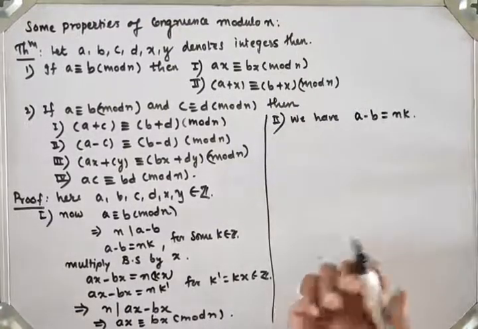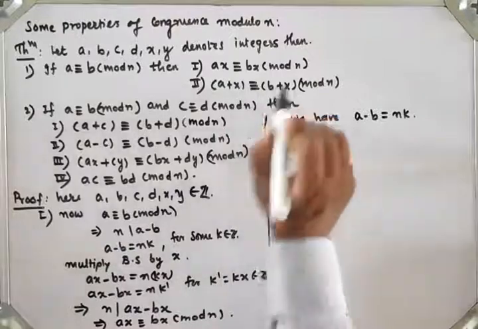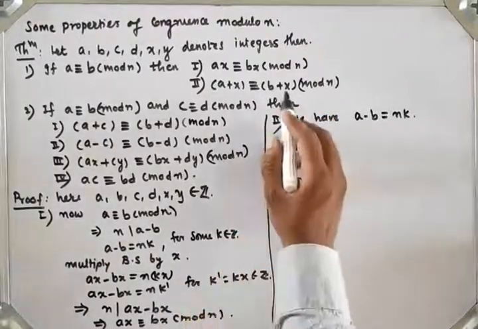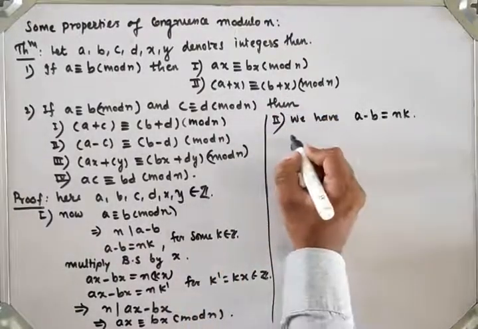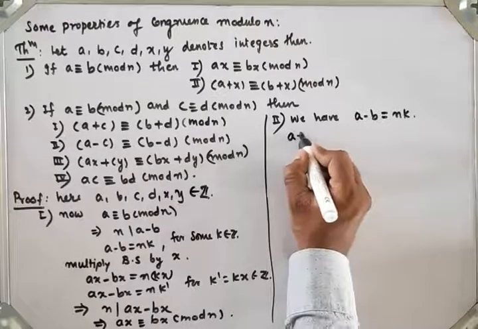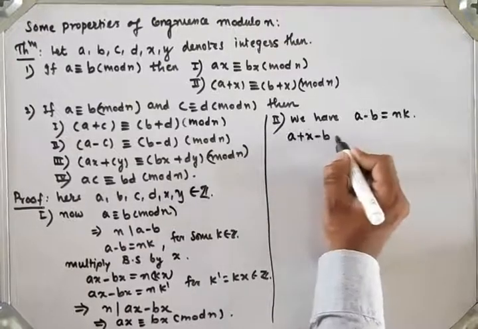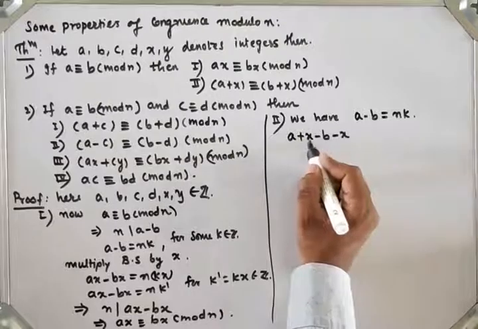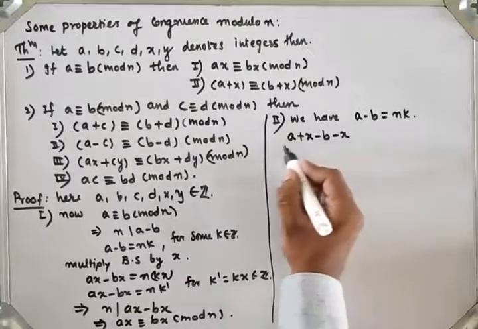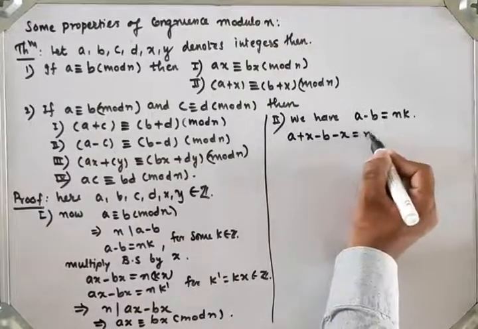So I will adjust by adding x and subtracting x: A plus x minus B minus x. Here plus x and minus x cancel, so the remaining term is A minus B, which is equal to n times k.